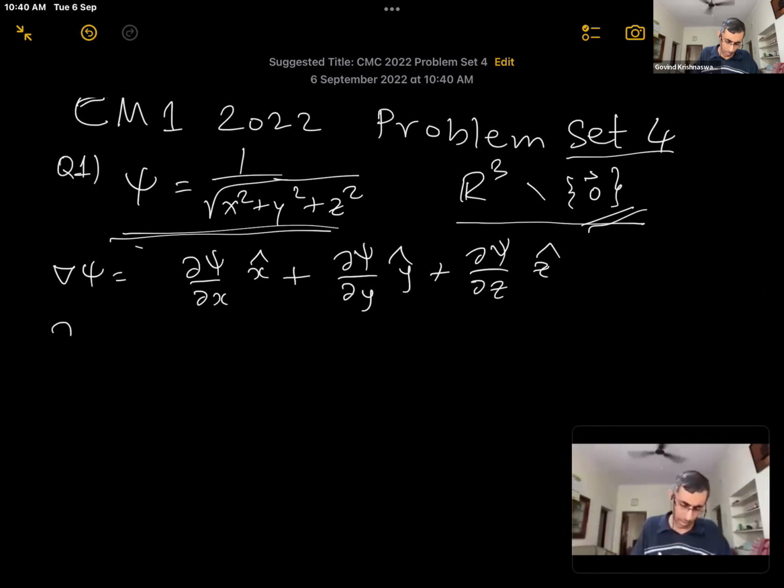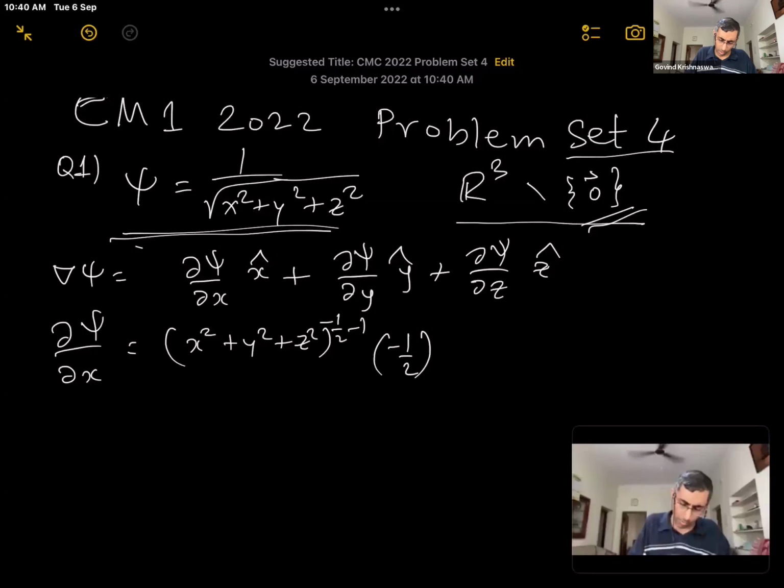That is easily done. So partial psi partial x is going to be given by (x squared plus y squared plus z squared) to the power of minus half. So it's going to be minus half minus 1 times minus half, I'm just doing the chain rule of differentiation, times 2x.